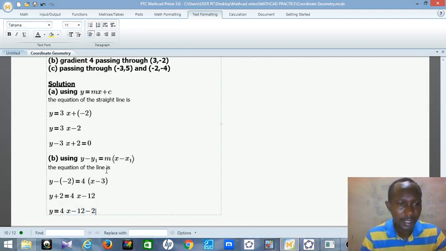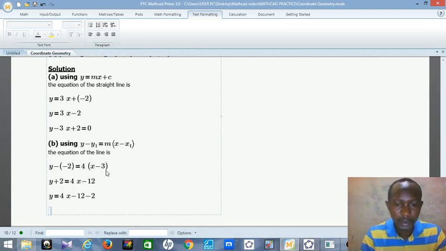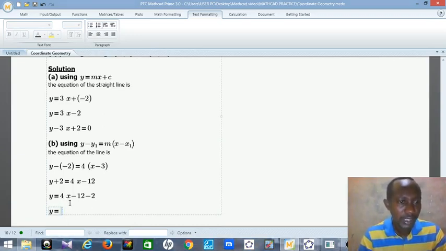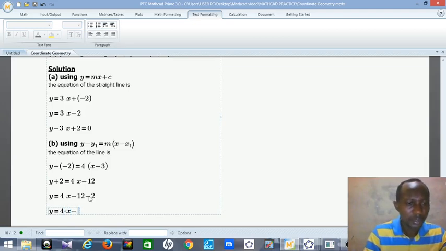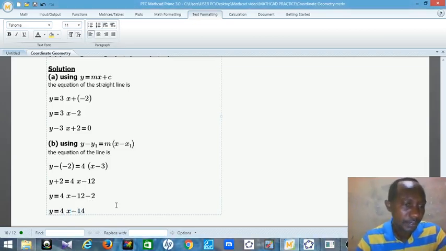My final answer is y equals 4x, then minus 12 minus 2 gives minus 14. So this is the answer of this second equation.